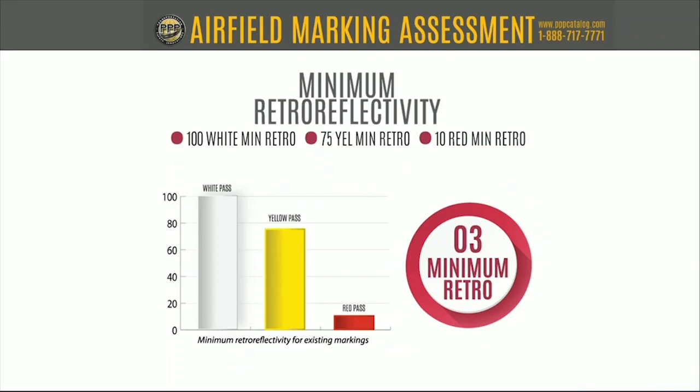So this is a chart. It's a very pretty chart compared to the one that has been recently added to the FAA's new construction advisory circular, and that is the AC 150/5370-10. The newest iteration of that is H, or hotel.